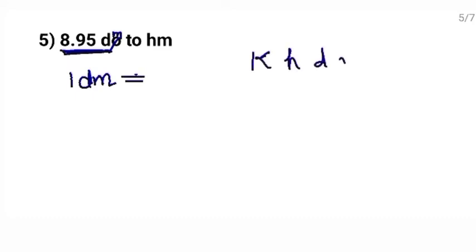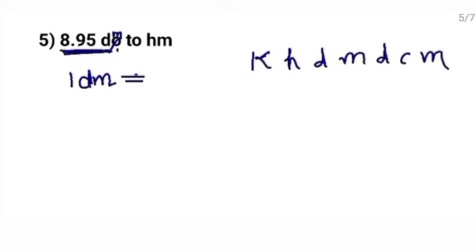Next one, 8.95. Students, this is decimeter, dm, to the hectometer. You should know the value of 1 decimeter to find the value of 8.95 decimeter, right? So write 1 decimeter. Now call your friend.